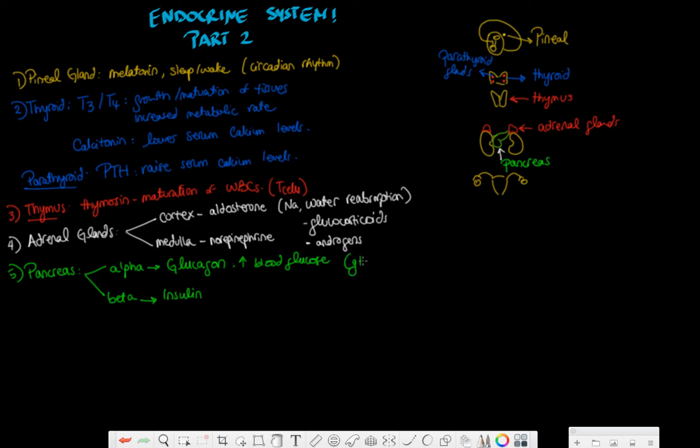This is a process that we call glycogenolysis. So lysis is breakdown, glycogen is the storage form of glucose. And so glucagon would stimulate that in order to increase glucose levels. And insulin is going to be involved in lowering blood glucose.